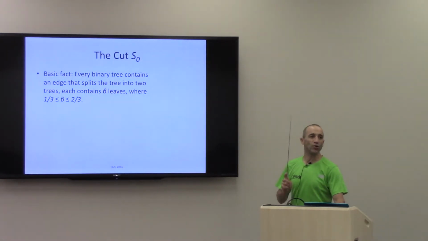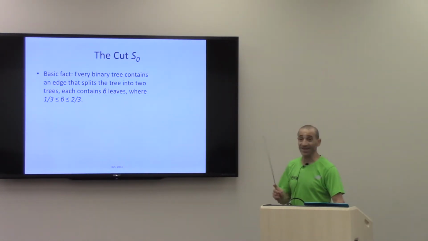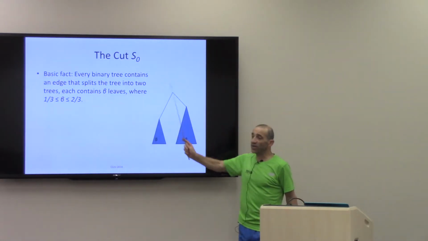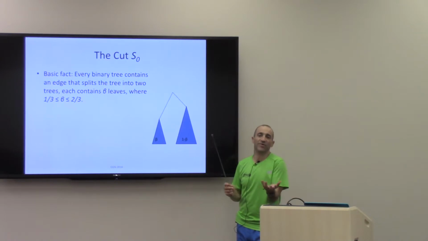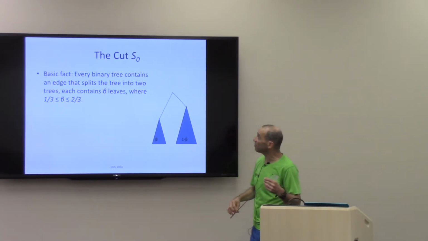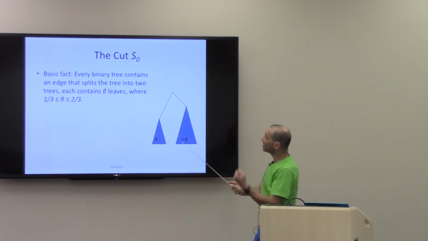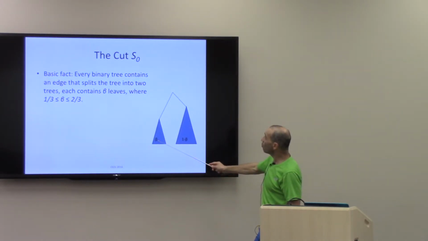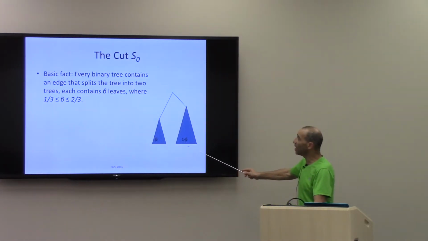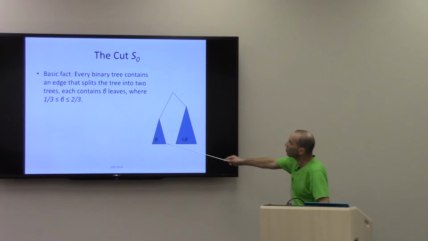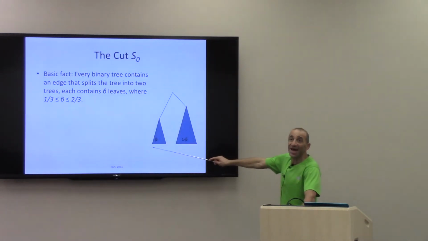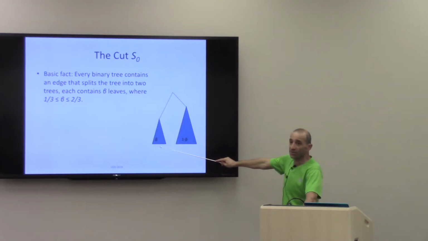Now I focus on a specific cut that surely exists in our quartet graph. Listen. Every binary tree, this is a very simple combinatorial fact, contains an edge that splits the tree into two subtrees, where one contains beta n leaves, the other contains 1 minus beta n, and beta is at least a third.